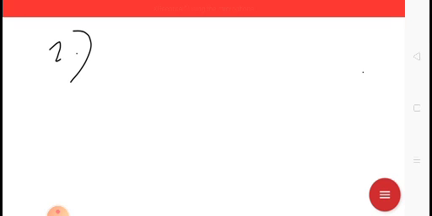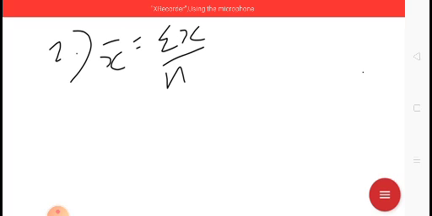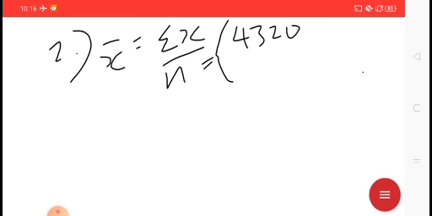So you use a random sample to estimate the population mean and variance. In this situation, the mean is equal to the sum of x over n, which is 43205 over 250.